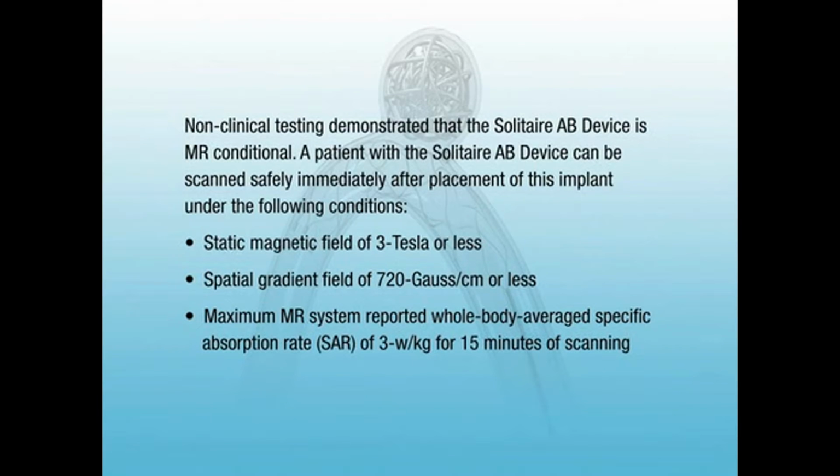Non-clinical testing demonstrated that the Solitaire AB device is MR conditional. A patient with a Solitaire AB device can be scanned safely immediately after placement of this implant under the following conditions: static magnetic field of 3 Tesla or less, spatial gradient field of 720 Gauss per centimeter or less, maximum MR system reported whole body averaged specific absorption rate of 3 watts per kilogram for 15 minutes of scanning.